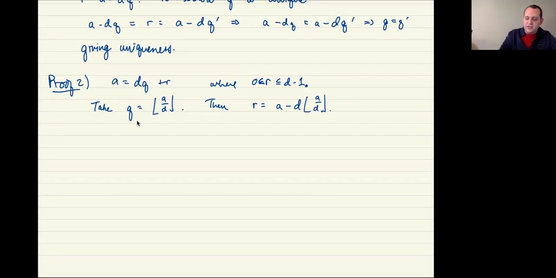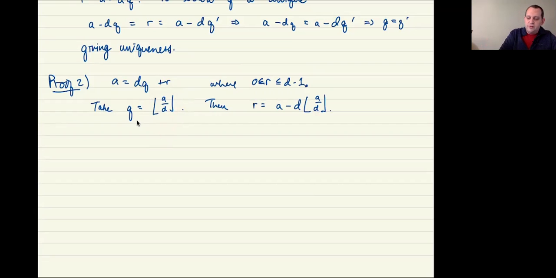And this is unique because you could think of it as the output of a function from all the possible A's and D's. Whatever your A and D is, there's only one output you would get. Once you have that, you can compute R by plugging in for Q.